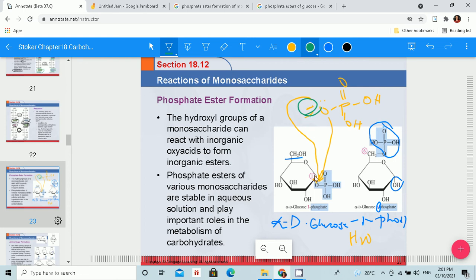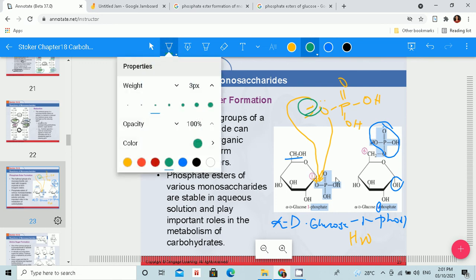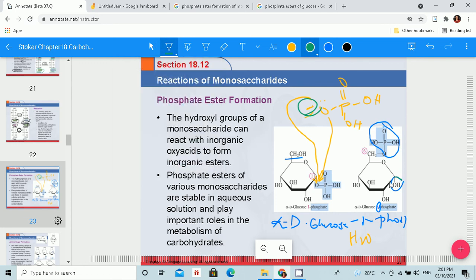It tries to attack carbon 1, and since carbon 1 is weak, the phosphate ion was able to beat it, and then the OH was pushed away. Thereby, in combination, we have the glucose and then the phosphate.